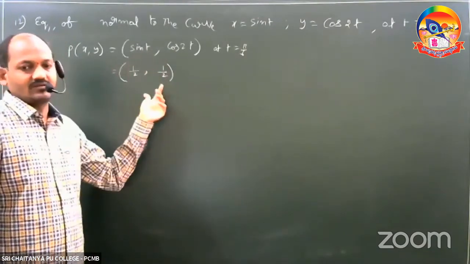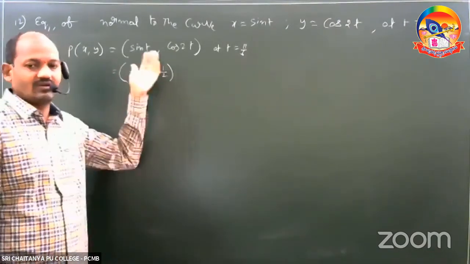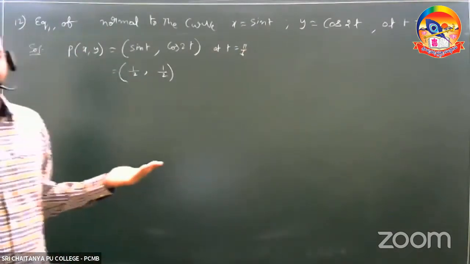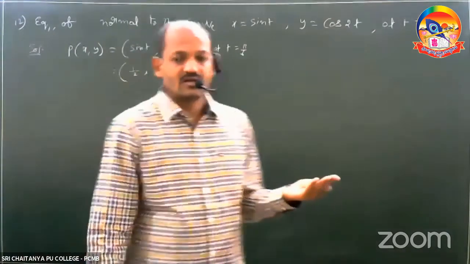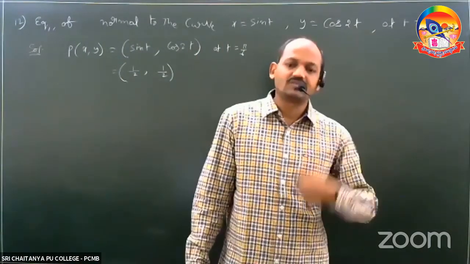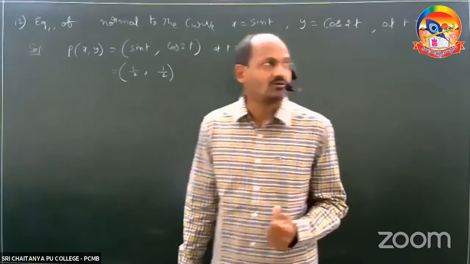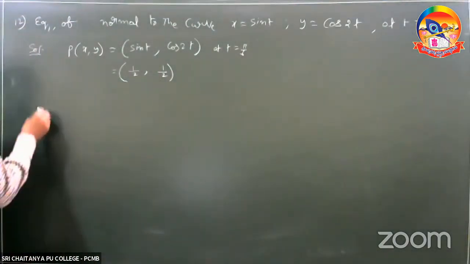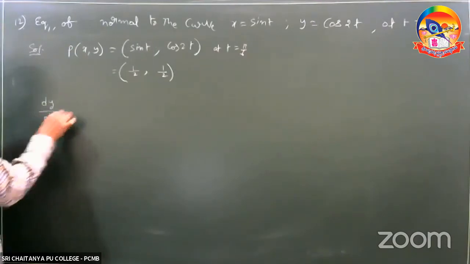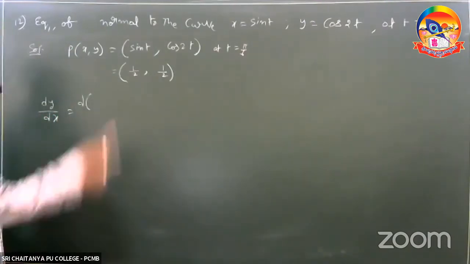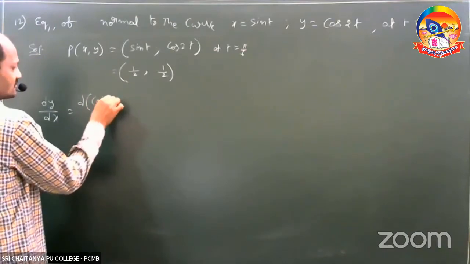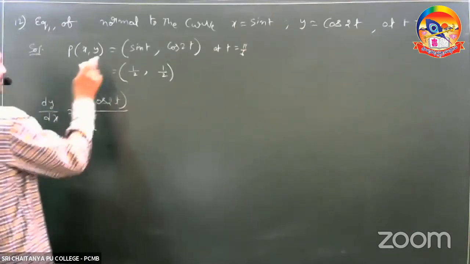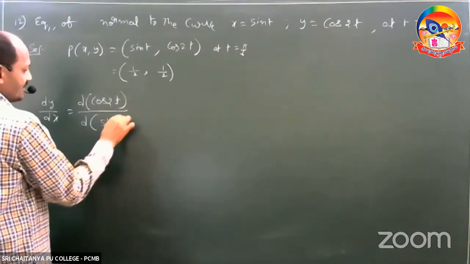For the equation of normal, first find dy by dx, then substitute t is equal to pi by 6. We get a slope, that means of the tangent. Then the equation of normal is y minus y1 is equal to minus 1 by m into x minus x1. So dy by dx is the derivative of y, that is cos 2t, divided by the derivative of x, x is sin t.